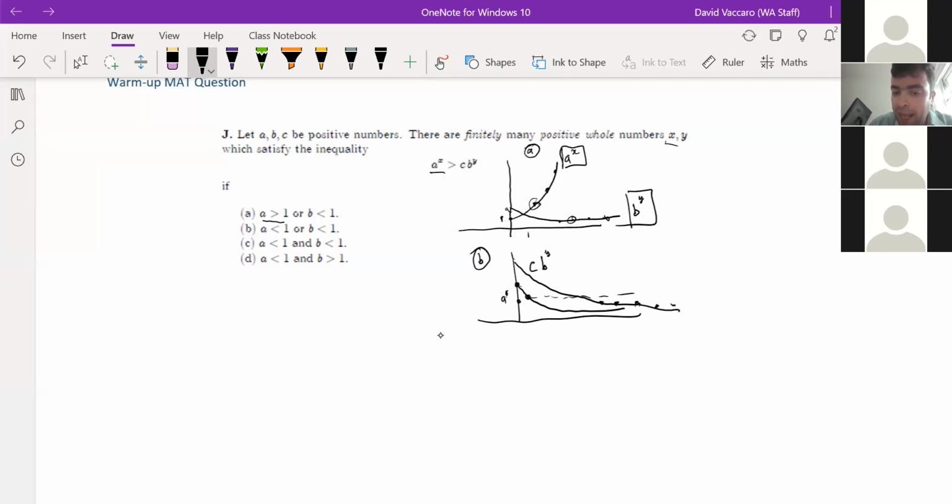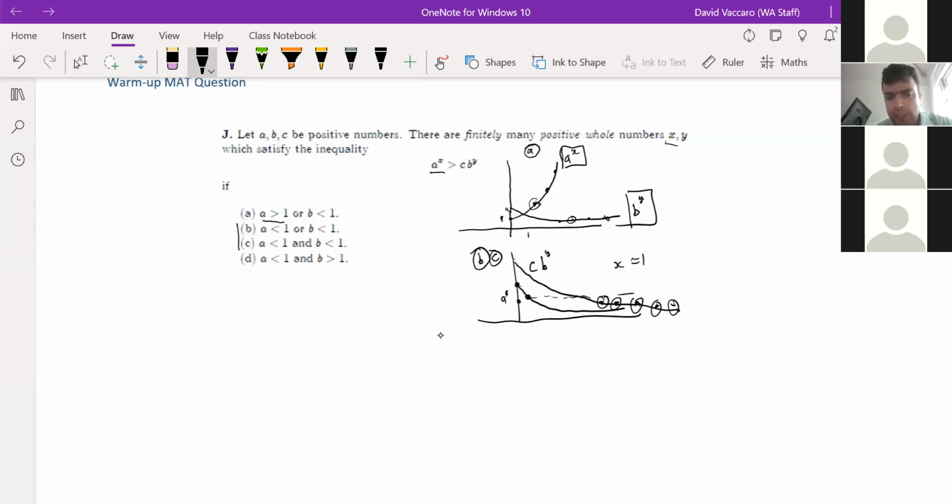So the pair where x equals 1 and y is any one of these numbers will be an instance when a to the x is bigger than c times b to the y. So there will be infinitely many. And in fact, I've also covered part C, because I've already done the case when they're both less than 1. So this picture covers B and C.